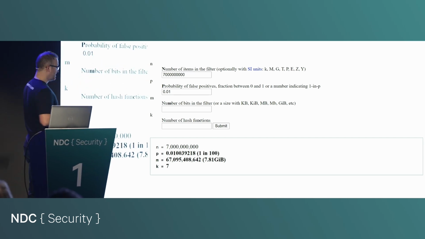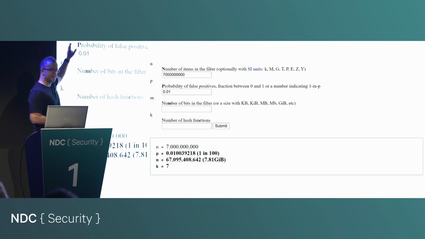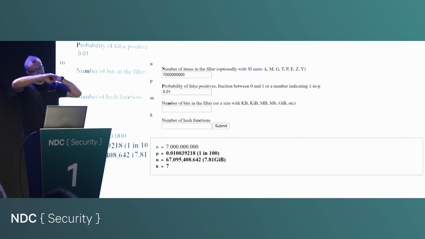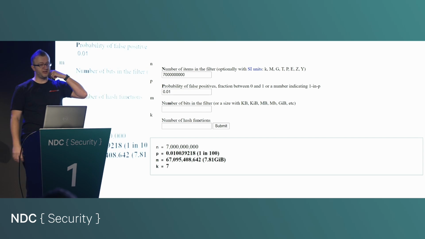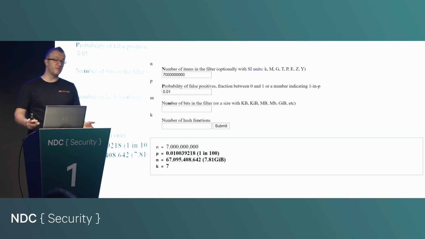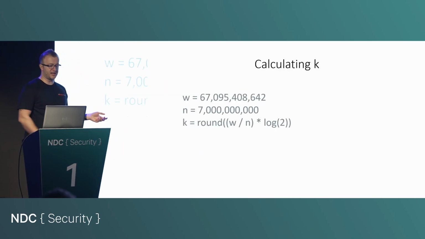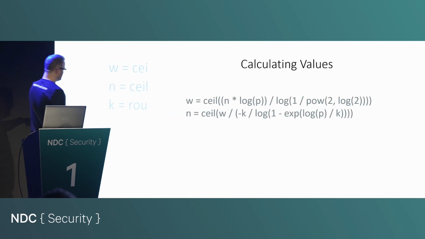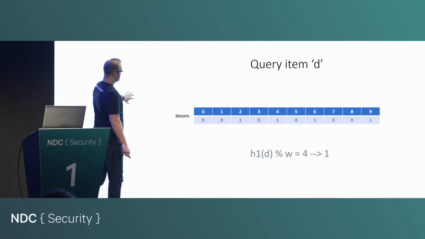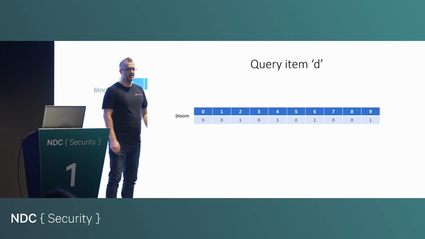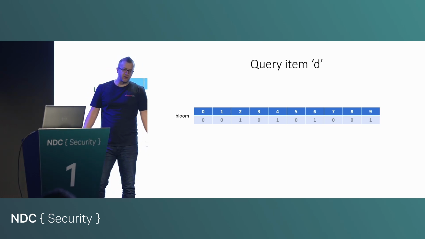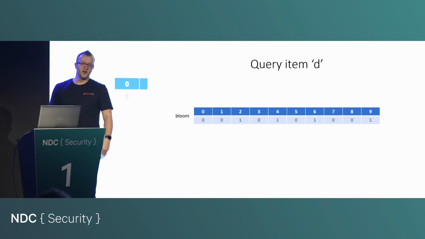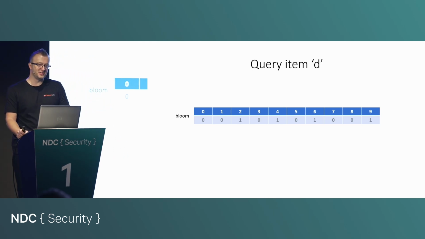The problem is, if you ever go beyond the stated population of the filter, your probability of false positive increases at an exponential rate. Because once you overpopulate the filter, if we just go back to my super basic 10-item filter here, imagine if we overpopulate this filter at width 10, very quickly it's going to become saturated. Once we've set almost all of the bits in this filter, or all of the bits, all of the answers will be yes.